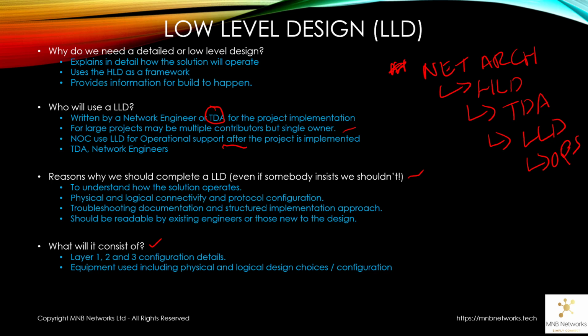We'll also talk about the equipment which is used, including the physical and logical design choices. So that would be things like, for example, if you had a router with 2 line cards, how would you actually make that solution redundant and have no single points of failure from a hardware perspective? But it might also talk about the redundancy and the failover from a WAN link perspective or an uplink perspective, for example.